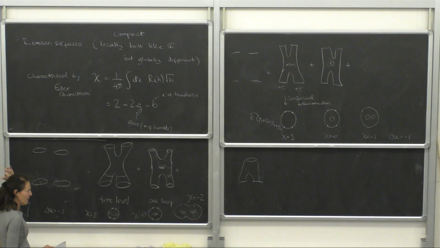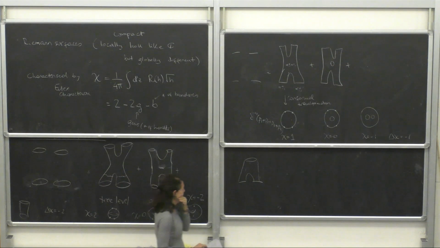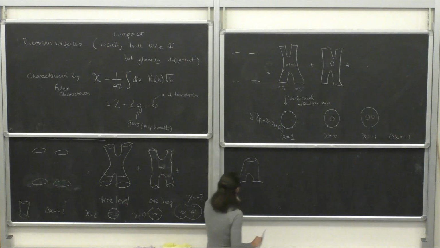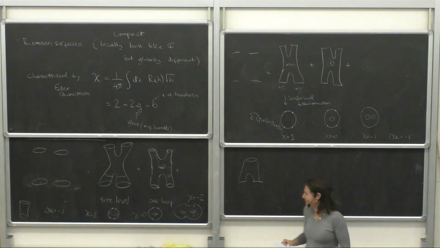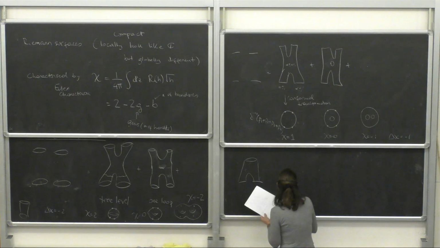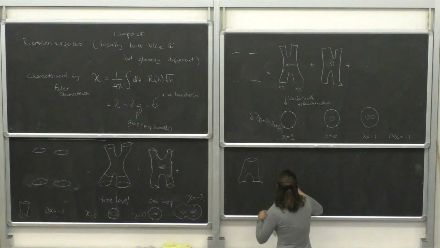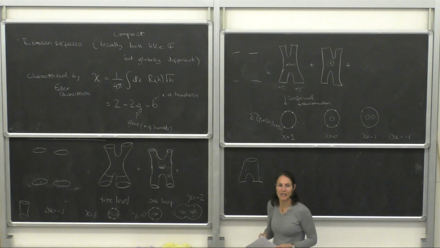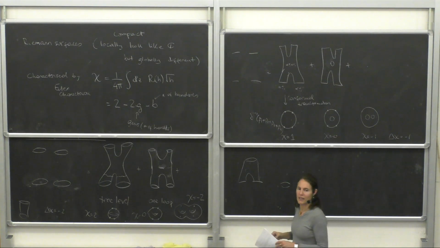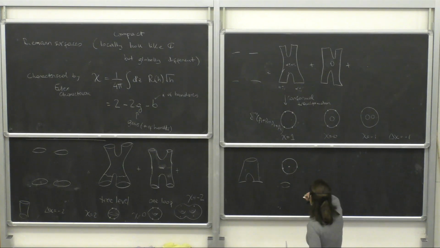But this can happen. Okay, let me keep going. Maybe it's easier to think of this. So this is what he was saying, and I guess that's probably right. From this point of view, this would have chi equals 1.